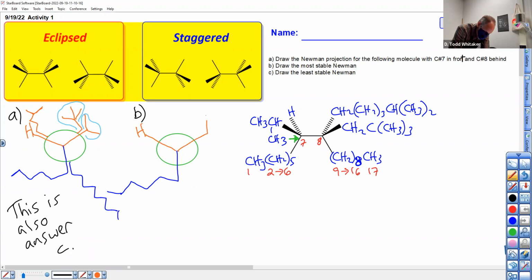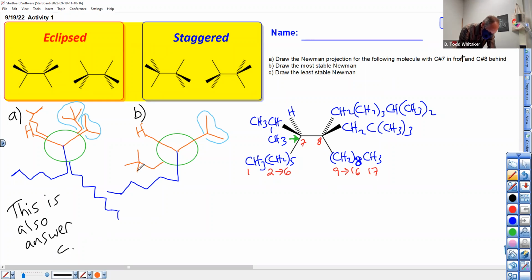And the orange isopropyl. I have to rotate the back carbon how many degrees to get the neopentyl as far away from the isopropyl as possible? Right now it's right behind it. 180. So the neopentyl will now be 180 from the isopropyl. You will only see the end of the bond.